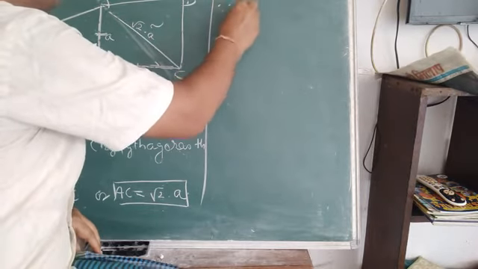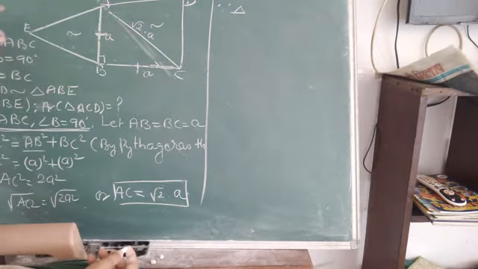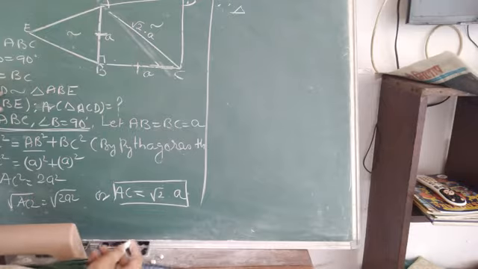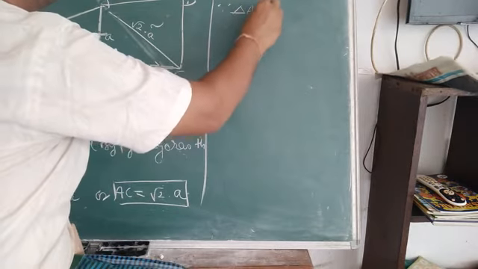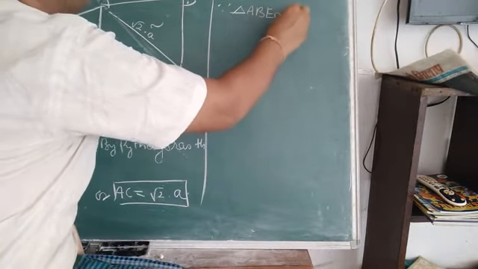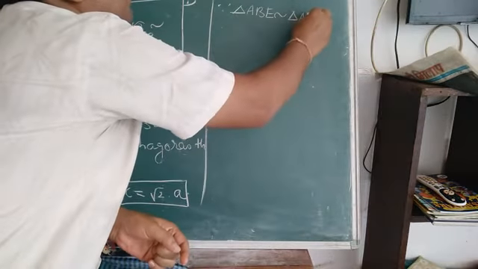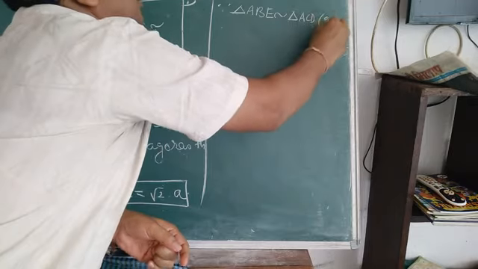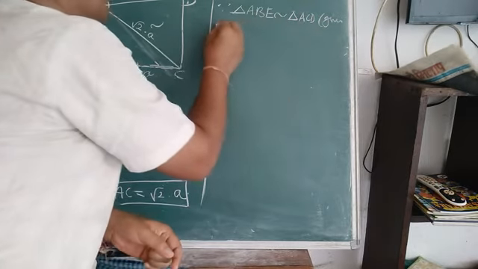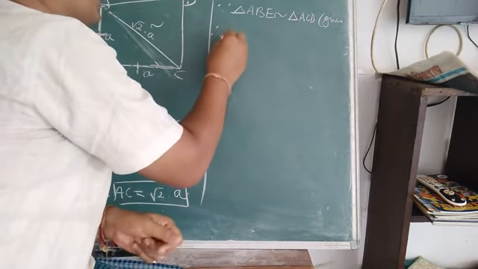Since what is given? Triangle ABE is similar to triangle ACD. Order is very important. ACD. Given. So therefore, what can we write?